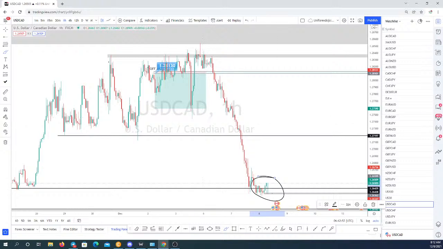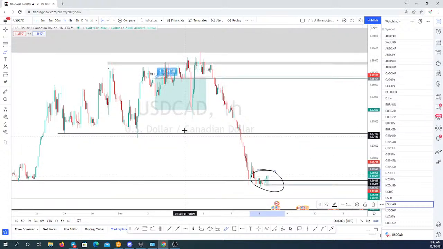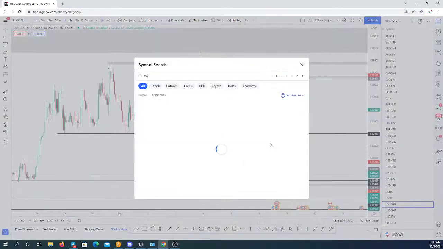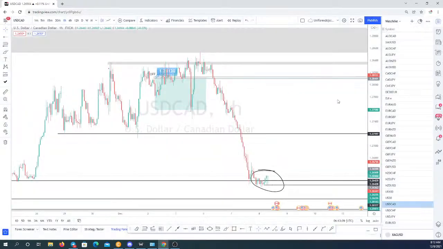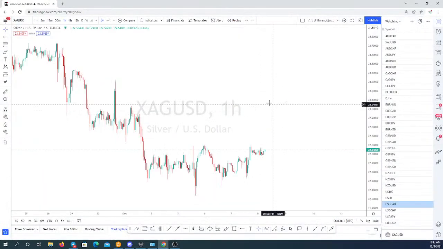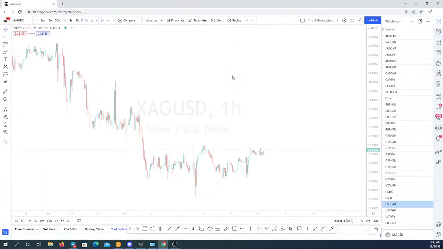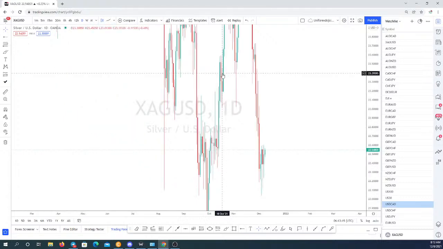Awesome. Silver. We haven't really traded silver actually. XAG USD. Okay, so basics, always need to find out where the daily is at all times.